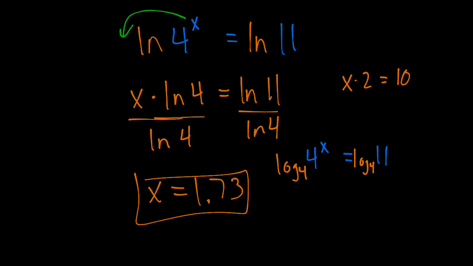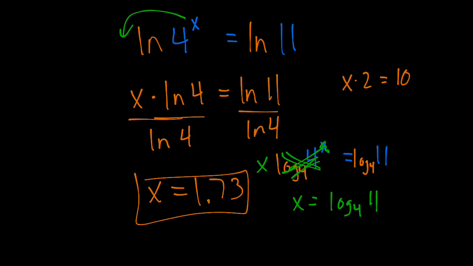We can take that x and pull it out in front. And then what is log base 4 of 4? Well, 4 to what power is 4? 1. So this whole thing is just 1, and that completely cancels out and goes away. So then we just have x equals log base 4 of 11.